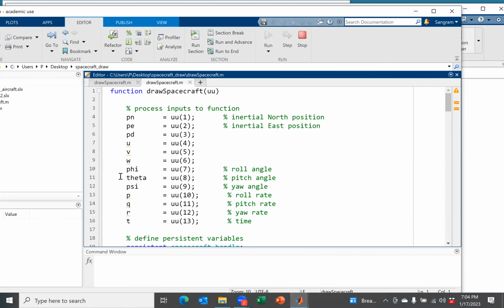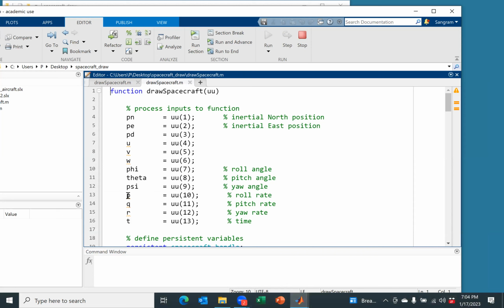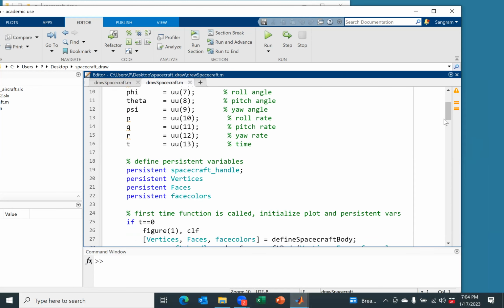Phi, theta, and psi are the roll, pitch, and yaw angles. P, Q, R are the roll rate, pitch rate, and yaw rate. And finally, what I have here is t, that is the variable for time.